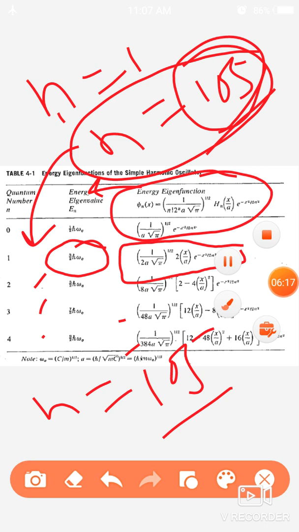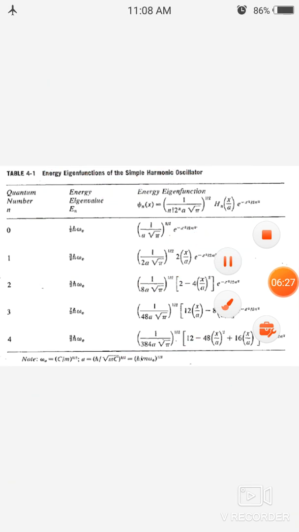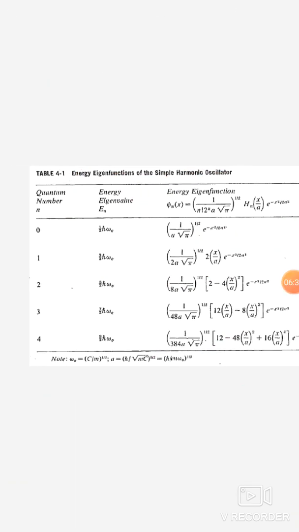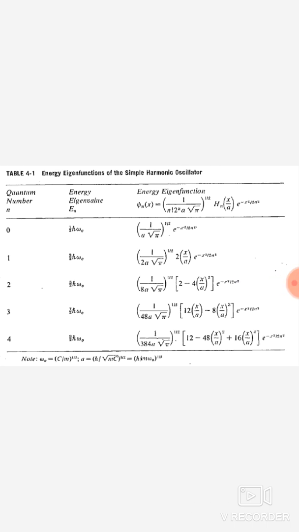On the other hand, if we have a harmonic oscillator that can move in three dimensions, what will we have in this condition? It is not always possible that a harmonic oscillator can move in only one direction, it can move in 3D.